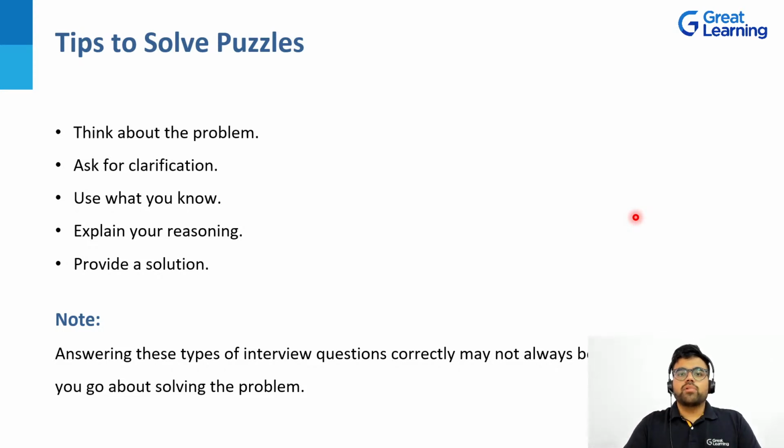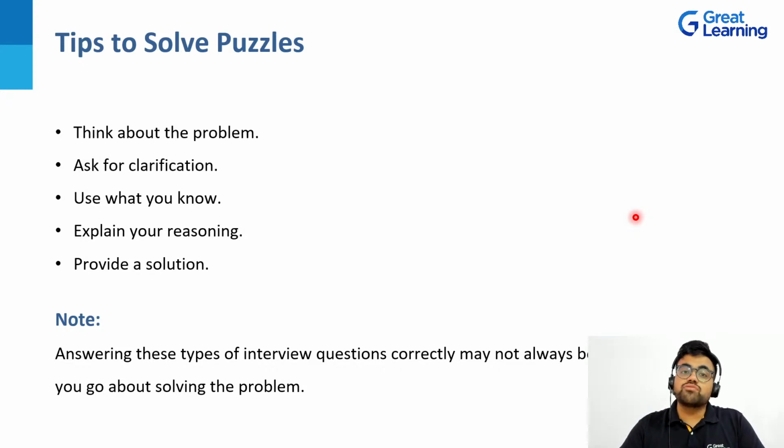First, take your time, read that question properly, read that problem statement properly, what it is saying, what it is asking. Sometimes what happens in puzzles is that the answer is hidden in the problem itself. You will be using some different terms to find that solution, but sometimes it is in the question itself. So step number one is to think about that problem.